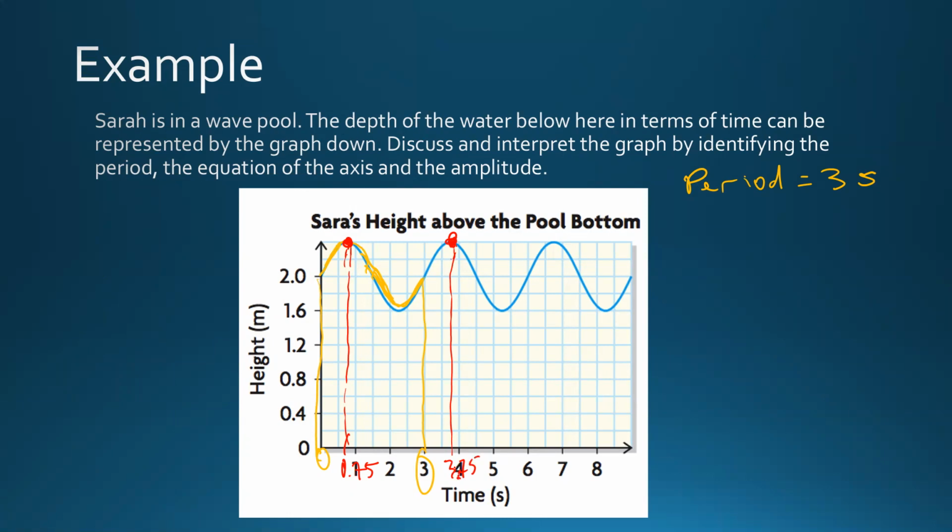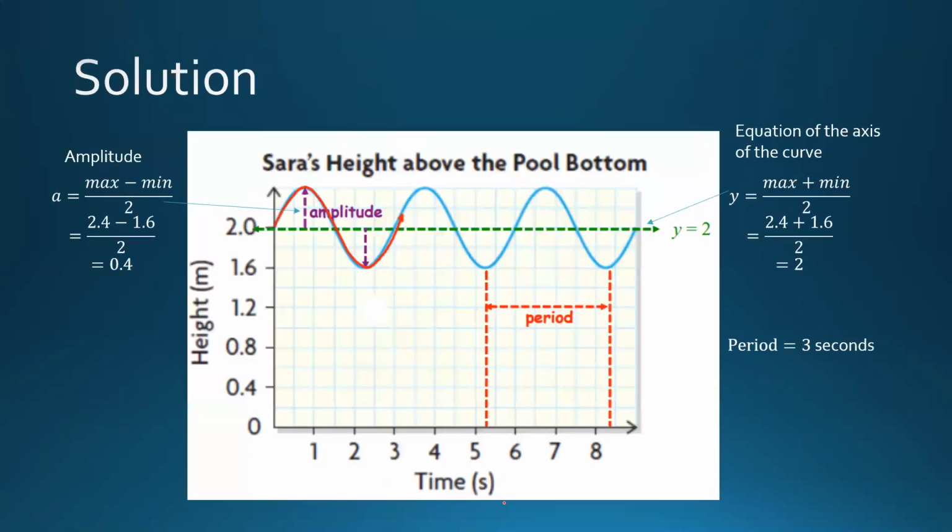So just keep in mind that if I chose a different point, I'm kind of approximating in this case. But if I had to do a little bit of an approximation, I would say it is roughly 0.75 and then roughly 3.75 when it reaches the next maximum height. So I can see pretty clearly that it's 3 seconds, right? So I hope that kind of makes sense so far. My period is pretty easy to find. I know it's going to be 3 seconds regardless.